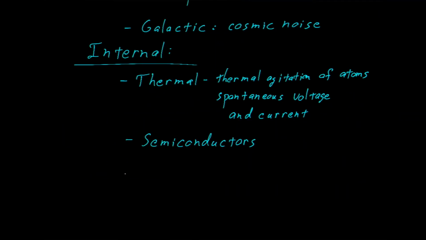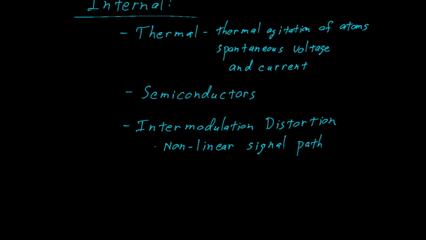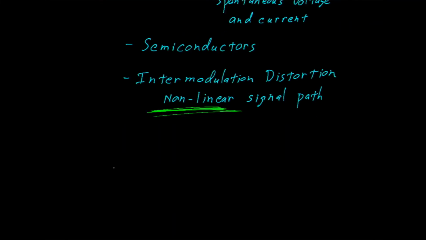There's another internal noise known as intermodulation distortion. This is caused by any nonlinear devices in the signal path. That word nonlinear should mean something to you, because basically anything that's nonlinear is going to act as a mixer.